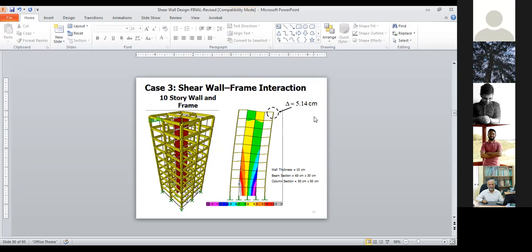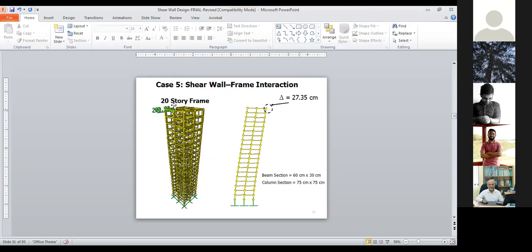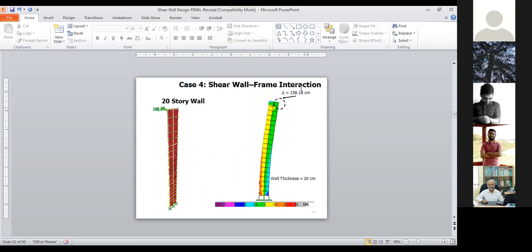So this is how your shear wall and frame, when they combine, help reduce the deflection. You can easily understand from here. Then they change to a 20-story wall, and you have a deformation of 158 centimeters, very large. With a 20-story frame, your deformation is 27.35 centimeters, and here it is 158.